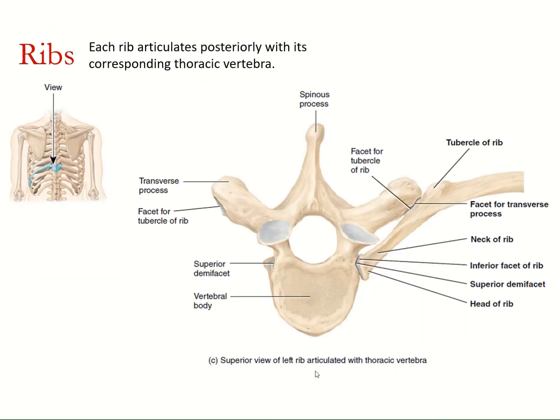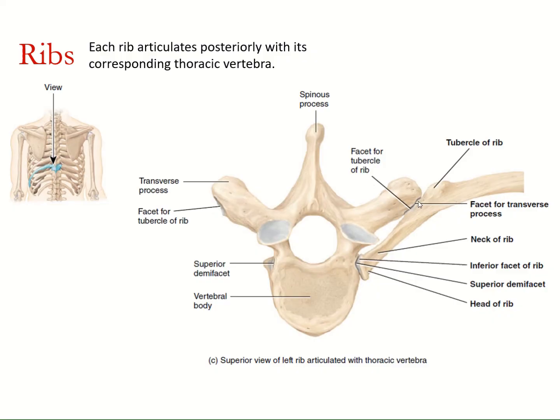So here is a superior view of the left rib articulated with the thoracic vertebra. So here is your rib with your thoracic vertebra. The tubercle of the rib will have a facet for the transverse process of the thoracic vertebra over here, and the thoracic vertebra will articulate with the rib with the facet for the tubercle of the rib.